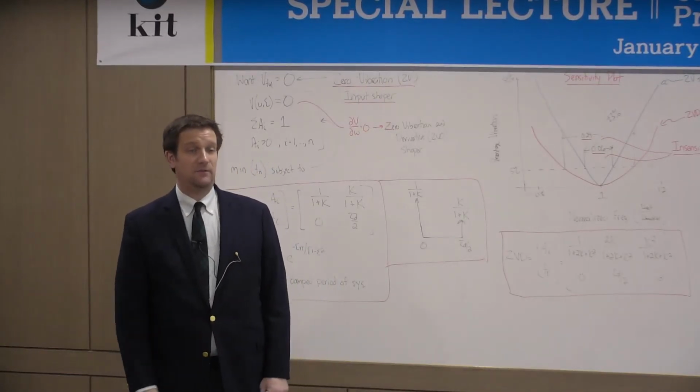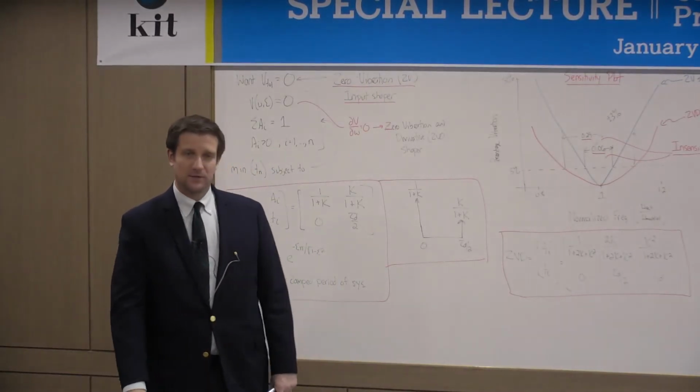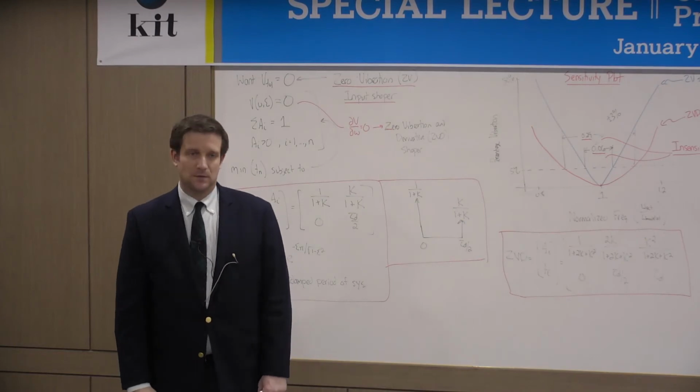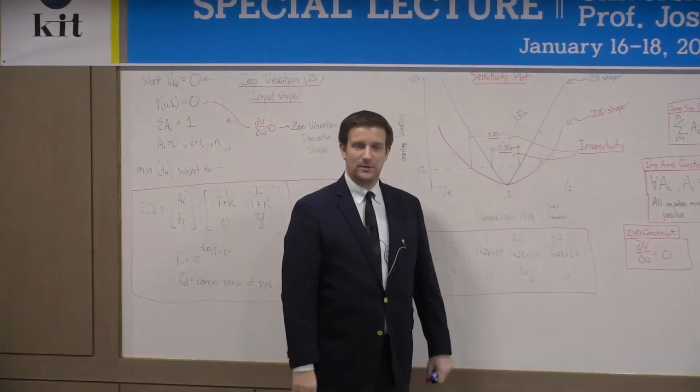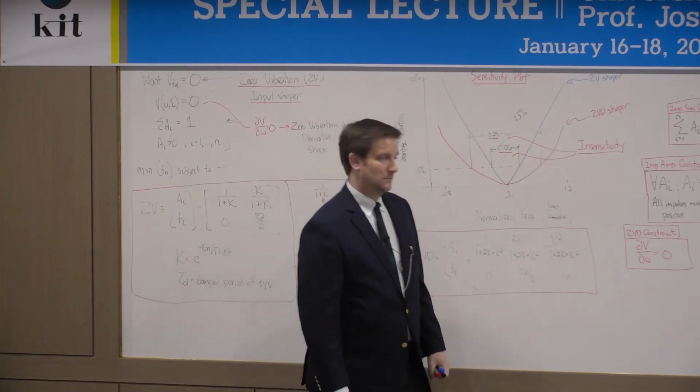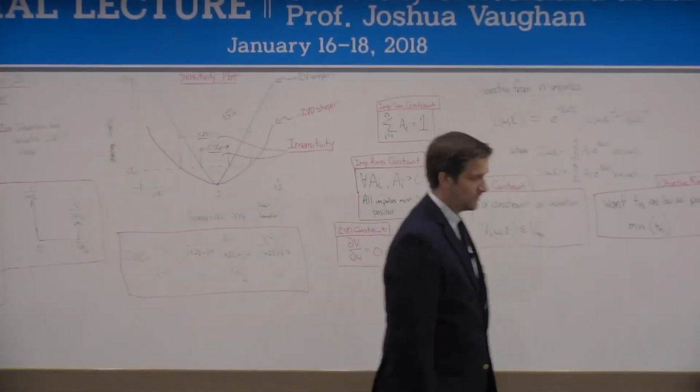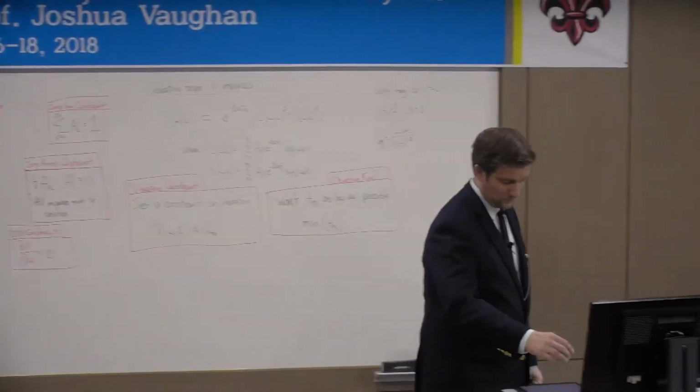So the insensitivity of the ZV shaper is 0.06. The insensitivity of the ZVD shaper is 0.29.